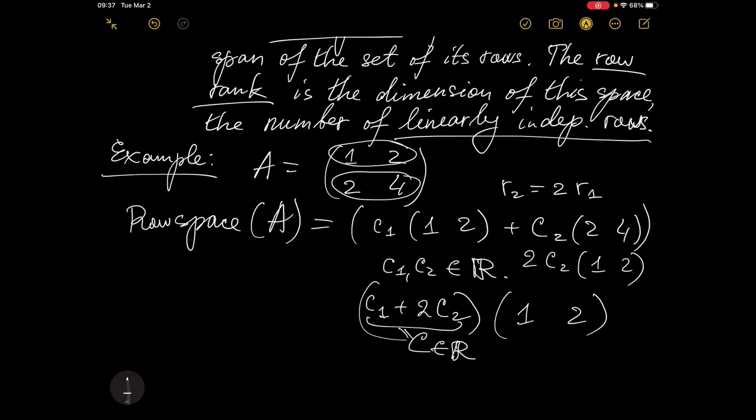And it will not change the span, as we have proven before. So this is the standard approach. If you're asked to find the basis, essentially all you need to do is find linearly dependent vectors from the spanning set, throw them away, then check whether the remaining vectors are linearly independent or not. If they're still linearly dependent, you again find one vector which can be expressed through a linear combination of others, throw it away. As we know, the span will not change, right? And so on and so on.